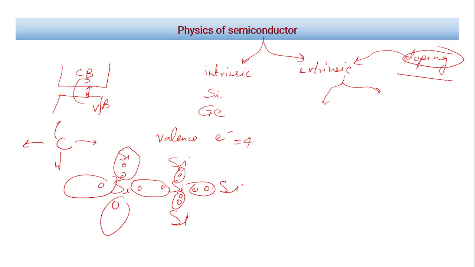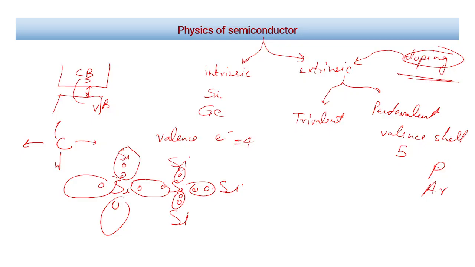That is when the doping concept comes, when we use, for example, some trivalent atom or pentavalent atom. If we first take pentavalent, they have 5 electrons in their valence shell, that is 5 valence electrons. Examples of this kind of pentavalent atom are phosphorus or arsenic.